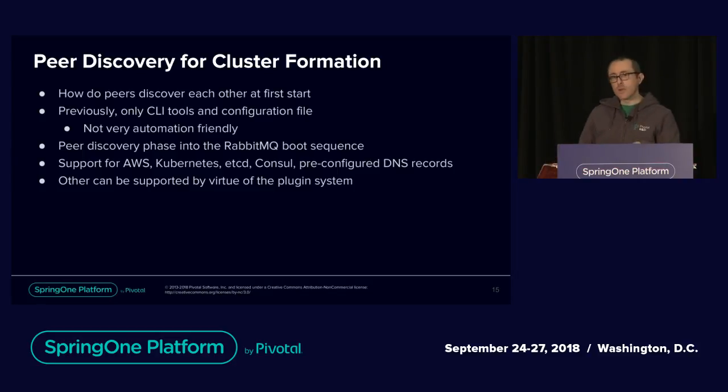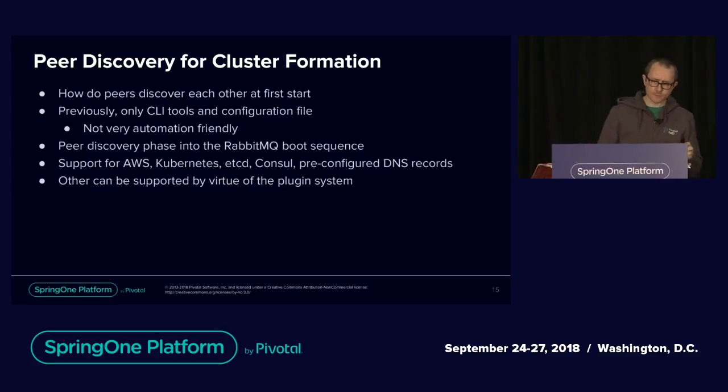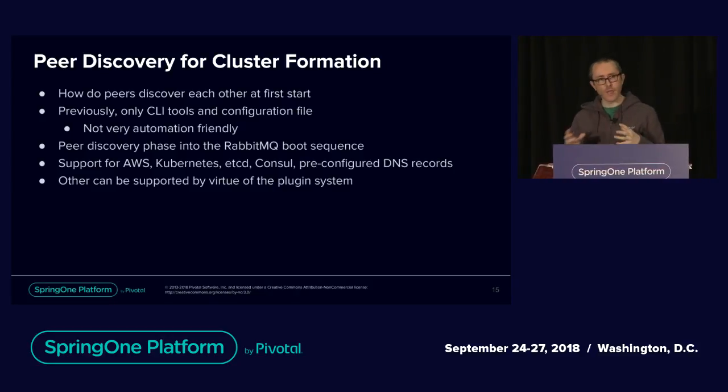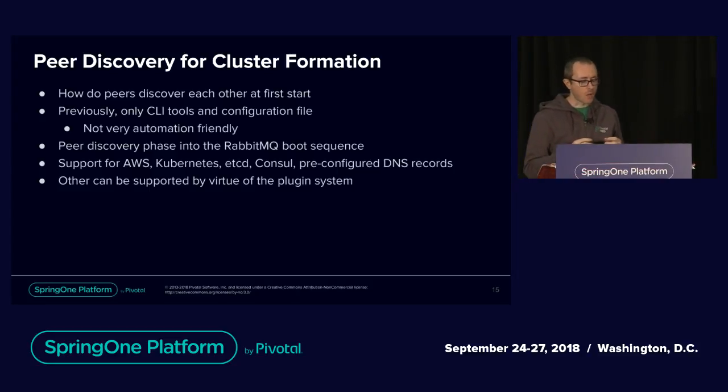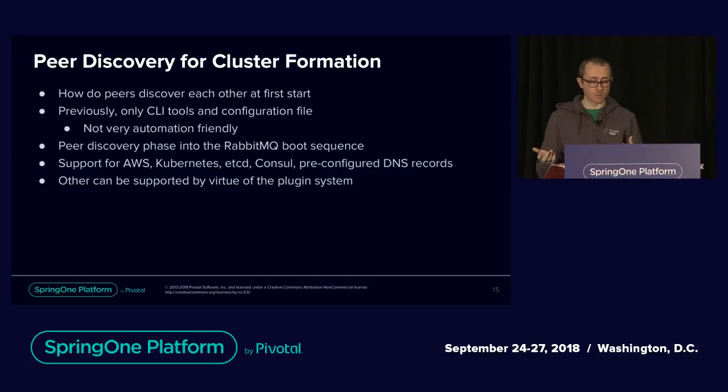We could use only CLI tools or a static configuration file before, but we introduced a peer discovery phase into the boot sequence of Rabbit. There's a plugin mechanism, so this is extensible.